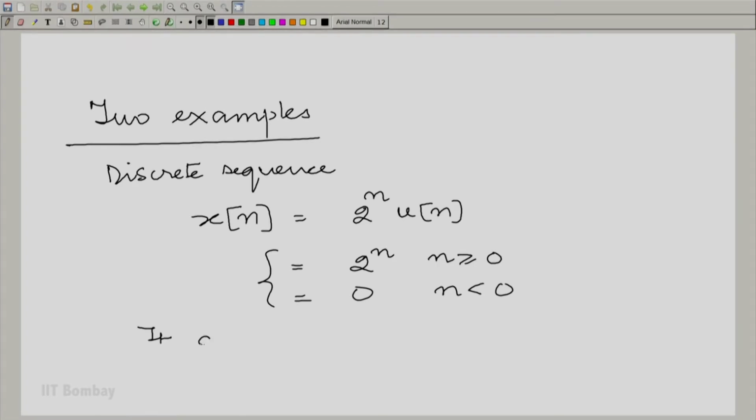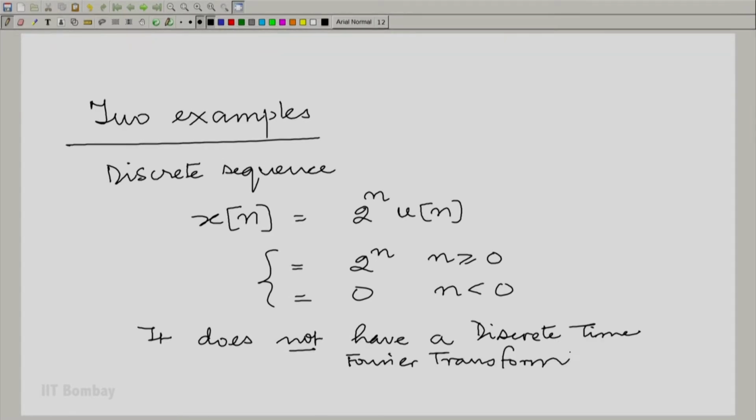And obviously, it does not have a Fourier transform. It does not have a discrete time Fourier transform. But then we can use that strategy. We can capture its growth by using an exponential that decays faster. And when we do that, we can then identify what would happen to that captured sequence in the Fourier domain.